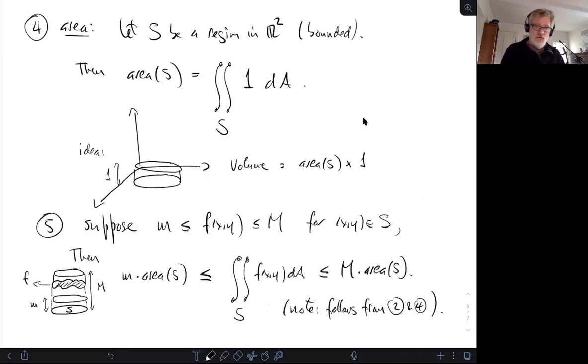Okay, so back to how can we actually use this to compute things. Let me refresh your memory about something you saw in Cal 2, which are regions of type 1 and type 2.